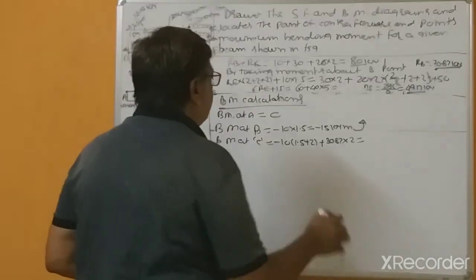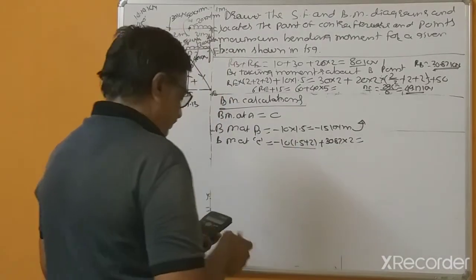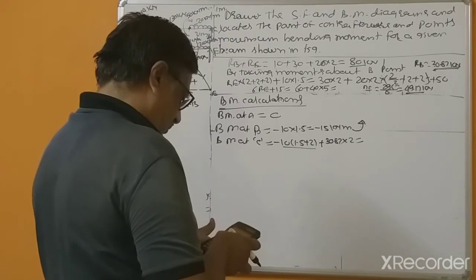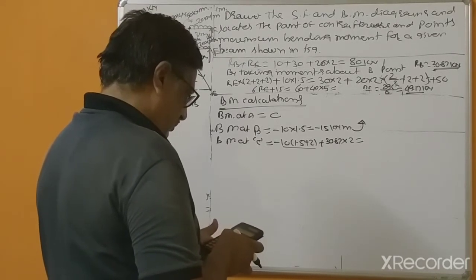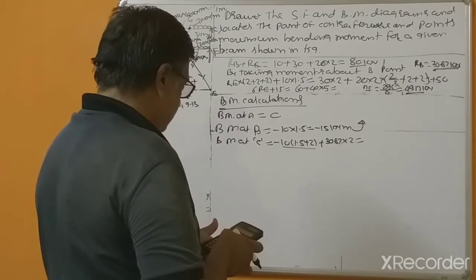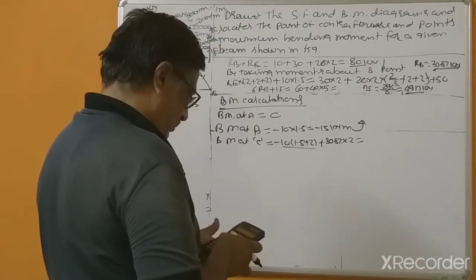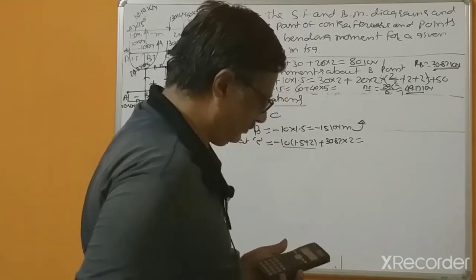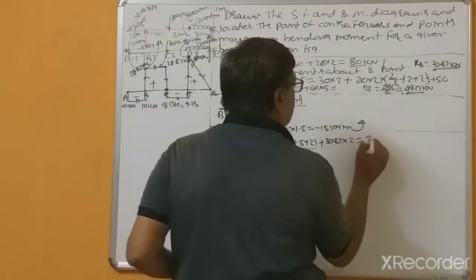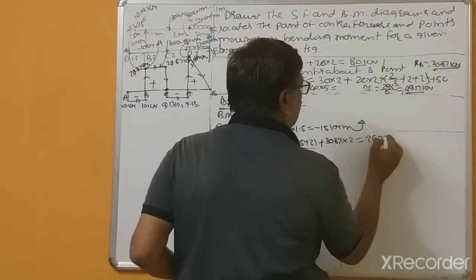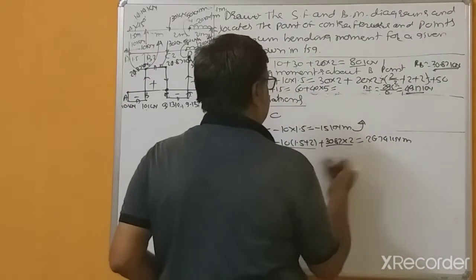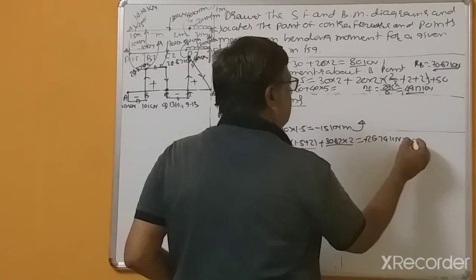This is 3.5. This is 26.74. And this is plus, means clockwise.